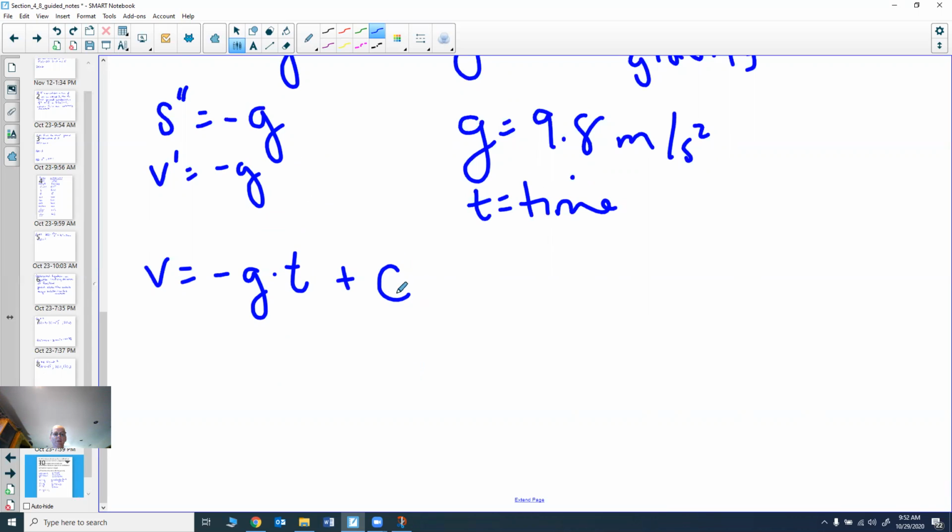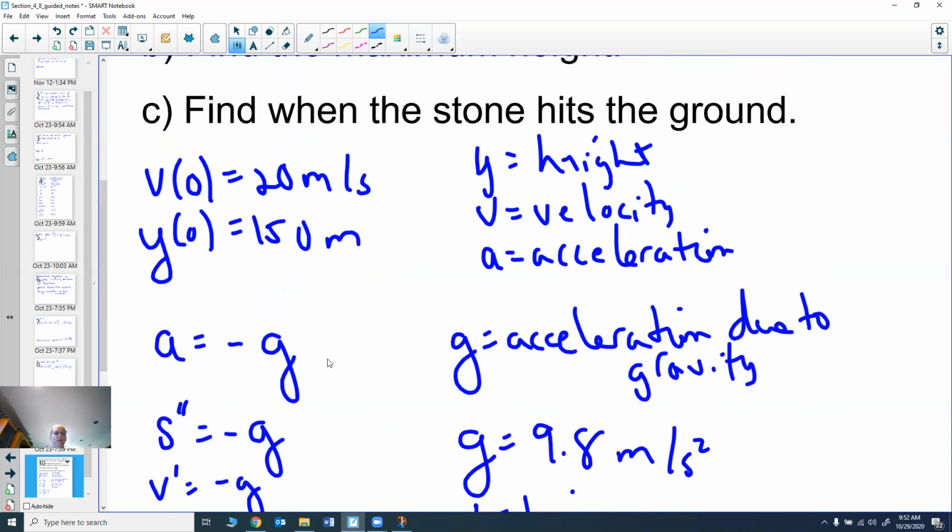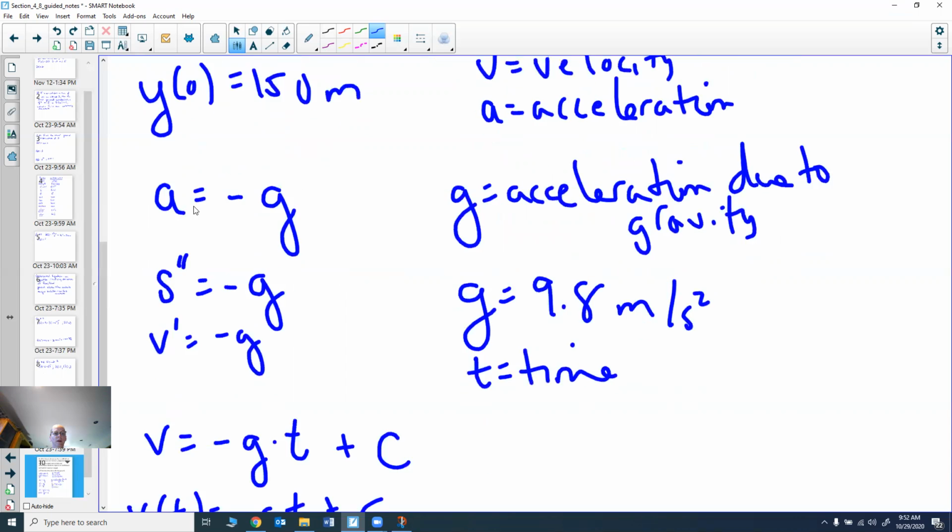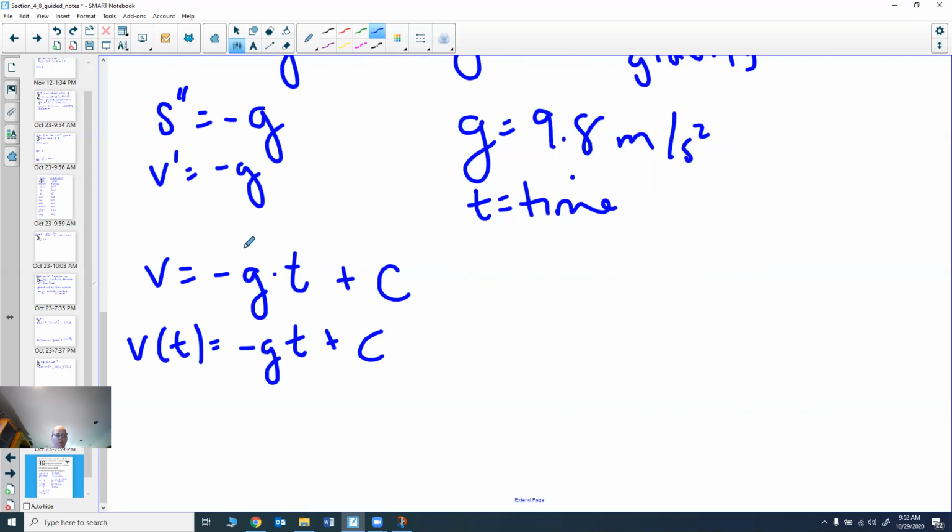In physics, they call c v sub 0, and that's okay, because we can actually find out what that is. We now have v of t equals minus gt plus c, and we know that the velocity at time 0 is 20 meters per second. So we can say that v of 0 is minus g times 0 plus c, and that equals 20. And it was up, so that's why it's positive 20.